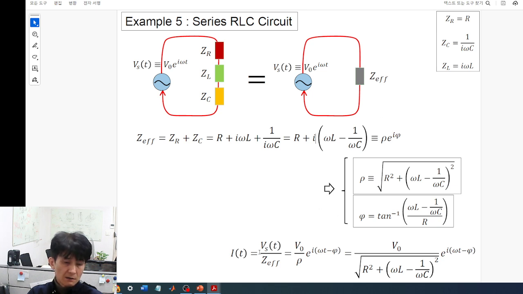Then the current passing through these 3 components is the same, and that current can be calculated with this simple expression, where the voltage is given as V0 exponential i omega t, and rho is given like this. Calculate things.